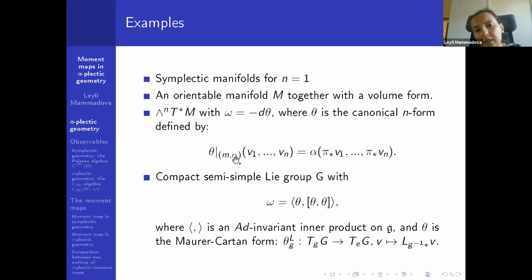At every point, you take the form part and you put it here, and then you project these vector fields to the manifold. So this guy can eat these objects and give out a number.